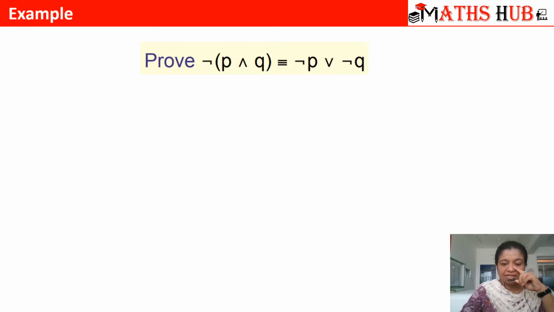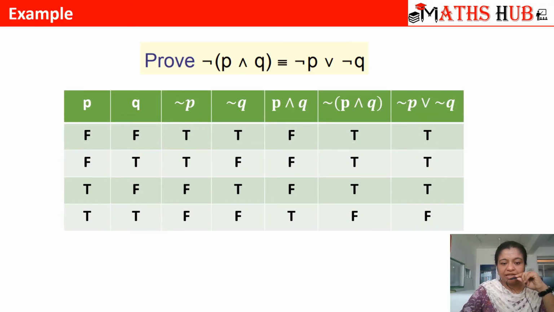Okay. So let's check another example. In this example, if I draw the truth table, I have P, Q inputs, then we have negation P, negation Q, then we have P and Q, then we have negation P and Q, and then we have negation P or negation Q, right? So the values are already filled.